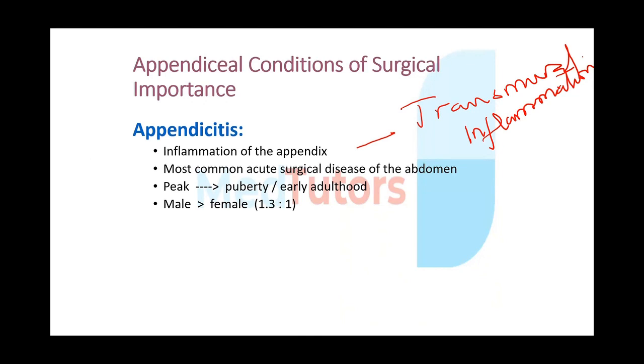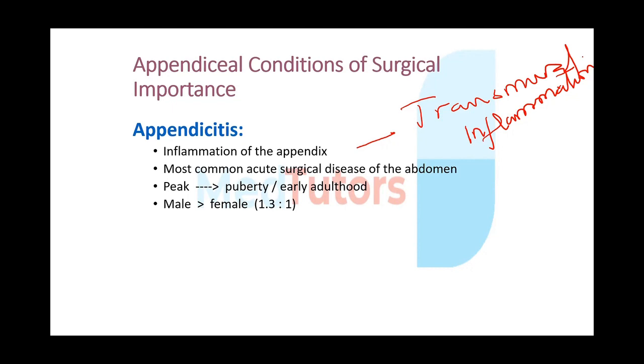Of all the emergencies that present to the surgical emergency department, acute appendicitis accounts for the highest. It peaks usually in young adults and during puberty. It is rare in the extremes of ages, rare in the neonatal period, as well as in the elderly.